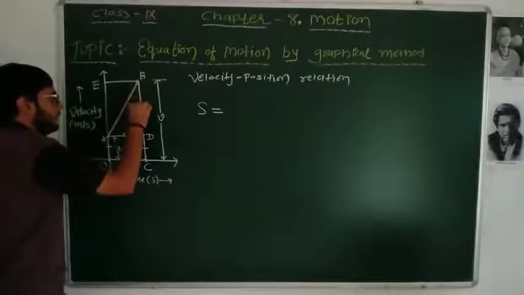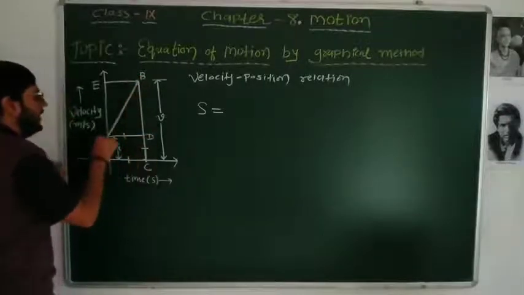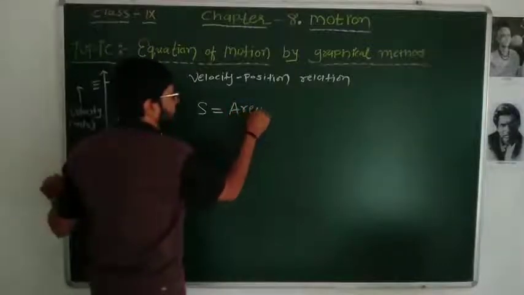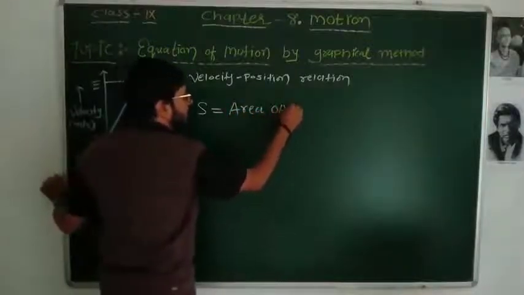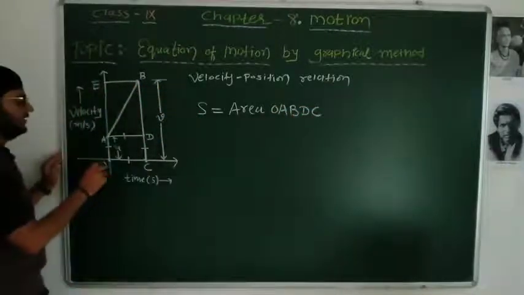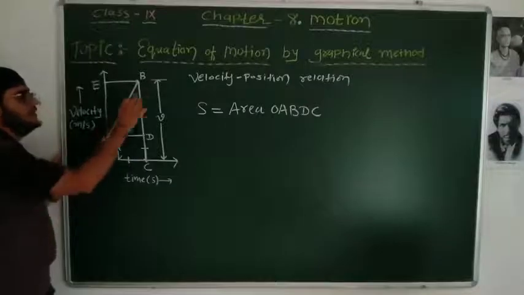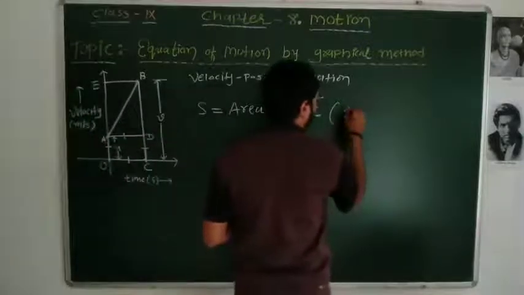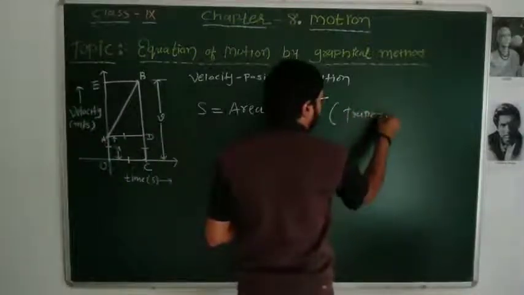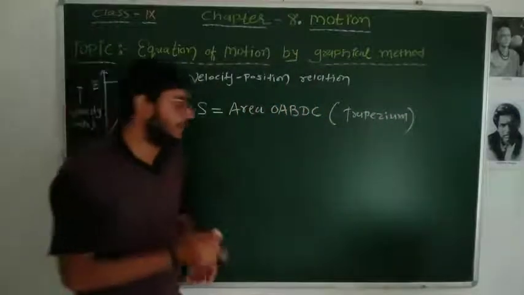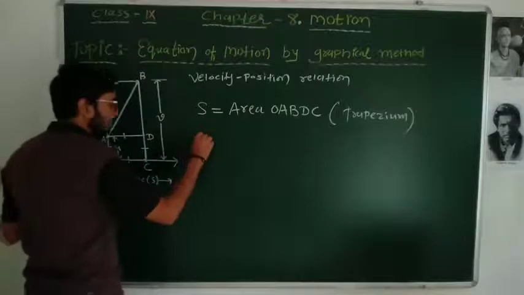The area OABDC. From the graph we can see that OABDC is the shape of a trapezium. We already know the area of a trapezium.